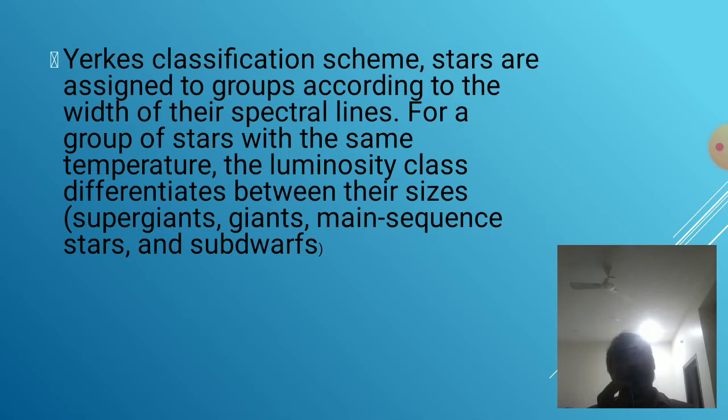More size stars appear more luminous, less size stars appear less luminous. Subdwarfs have less size so they appear in dull color. Supergiants have more mass and more size, which appear in vibrant color like blue.